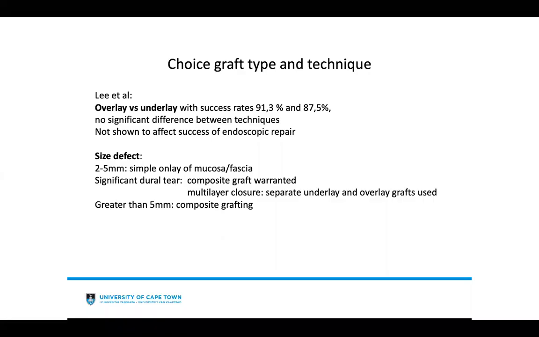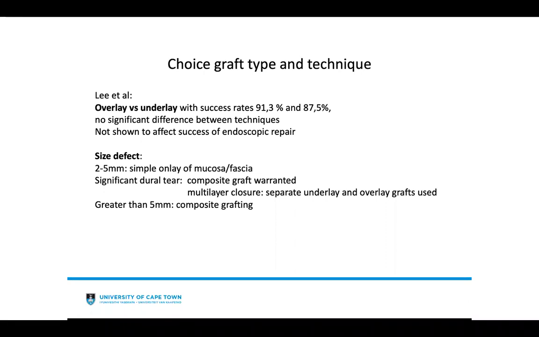How do you choose the graft type? Well, Lee et al. did an overlay versus an underlay study, and they found that the success rates were very similar, whether you used overlay or underlay. There was no real difference between the techniques, and it doesn't really show to affect the success of the endoscopic repair.